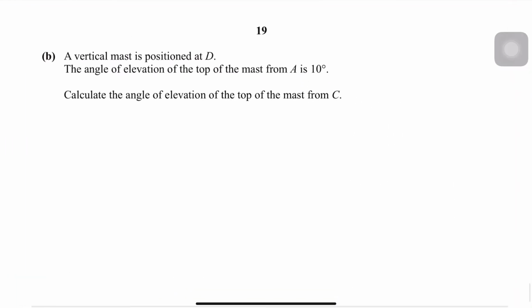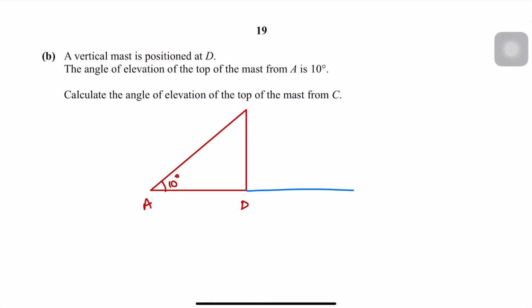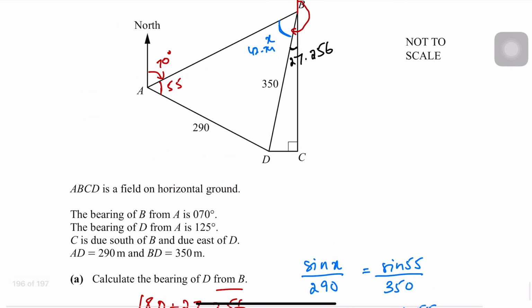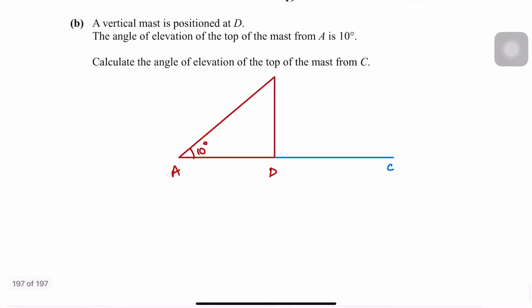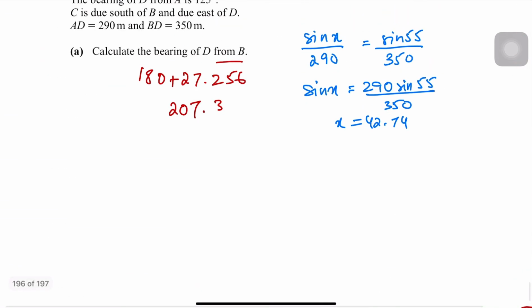Okay, then it says that a vertical mast is positioned at D. So there's a vertical mast at D. The angle of elevation of the top of the mast from A, so I'm looking from A, is 10 degrees. Calculate the angle of elevation of the top of the mast from C. So I want it instead from C. So what's AD? AD is 290. I know this.